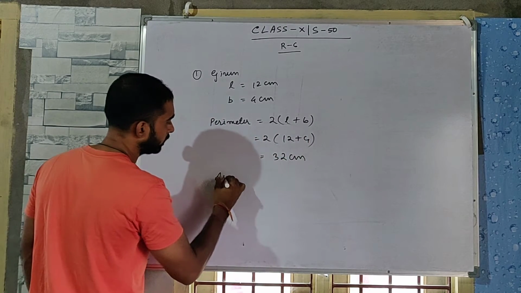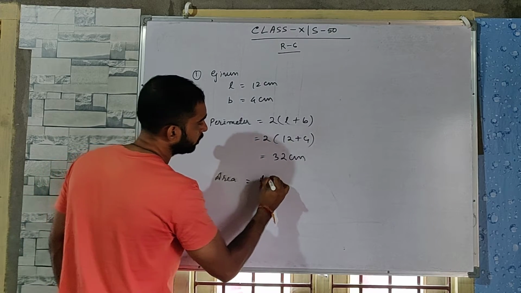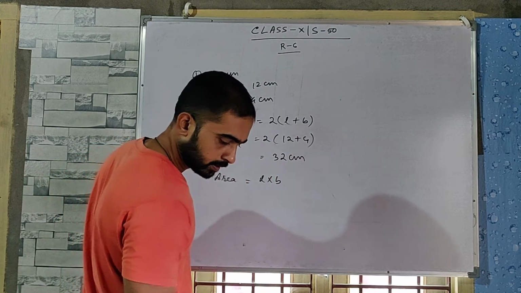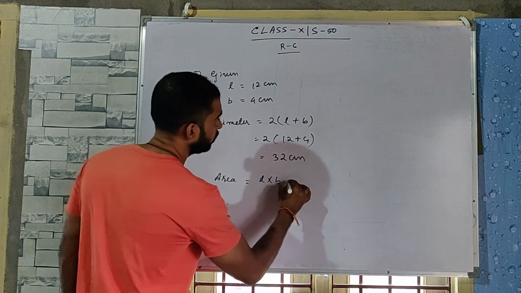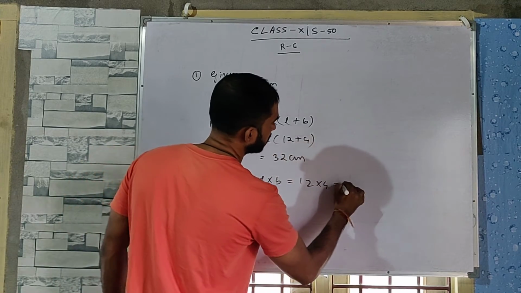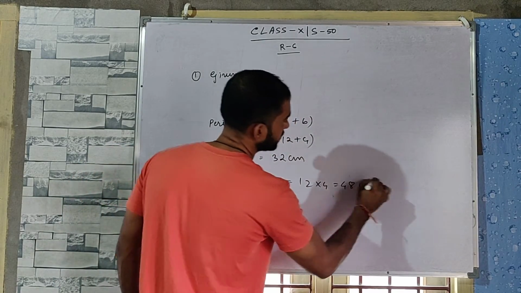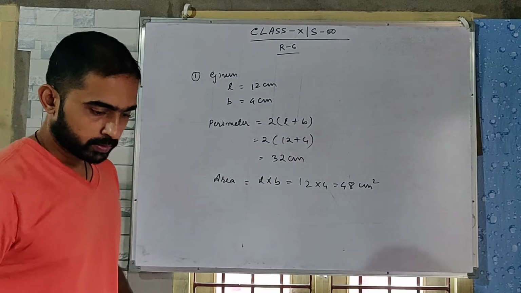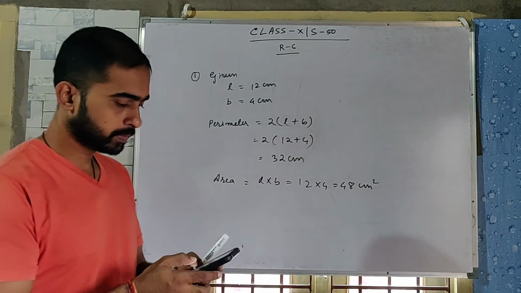Then area equal L into B, that is 12 into 4 equal to 48 square centimeter. Got it? So this is the first one.